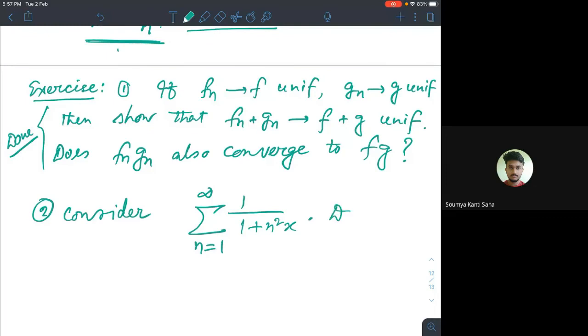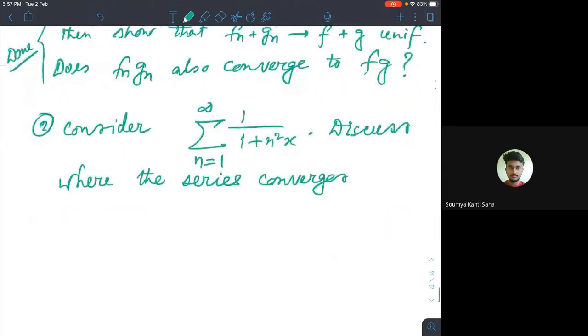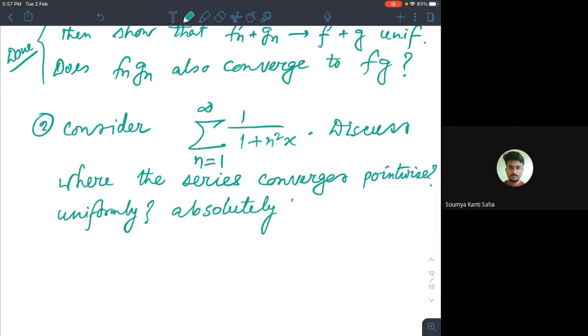Discuss where the series converges pointwise, uniformly, and absolutely. Okay.